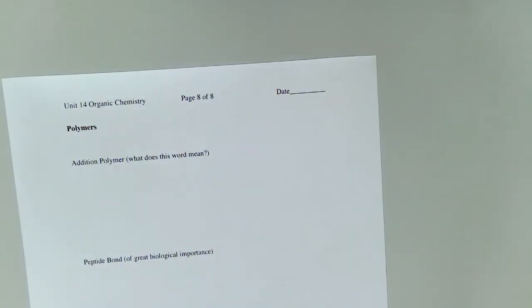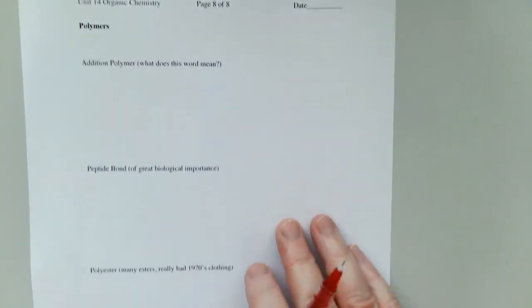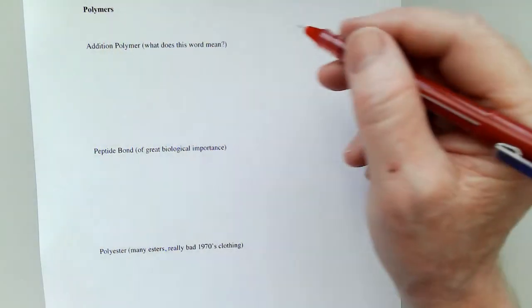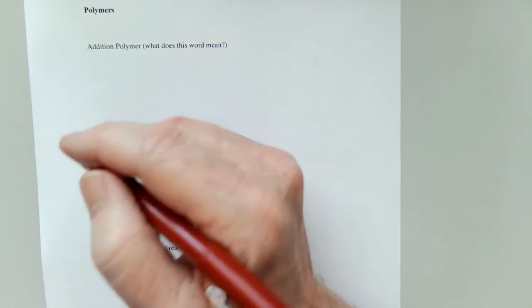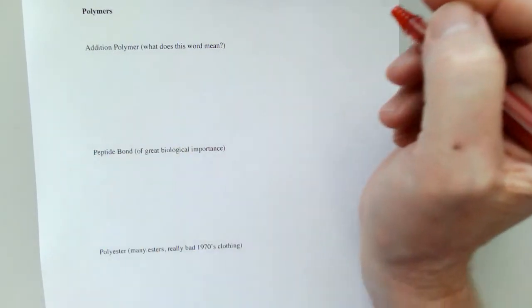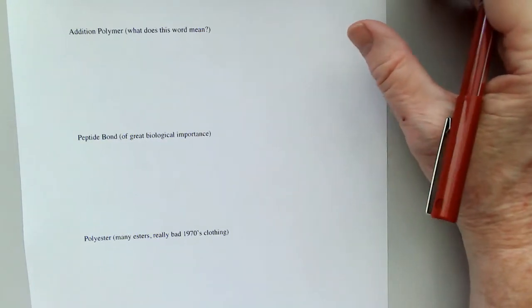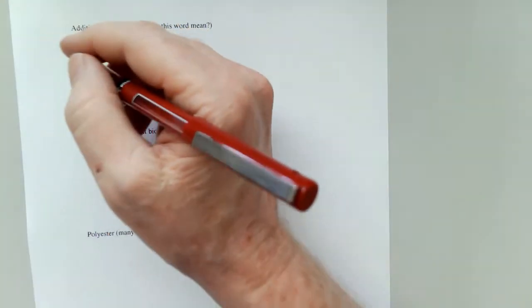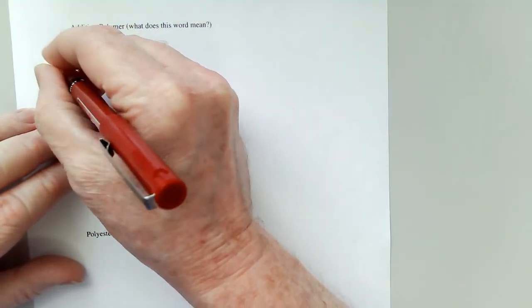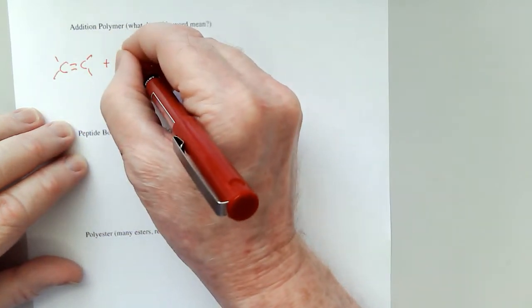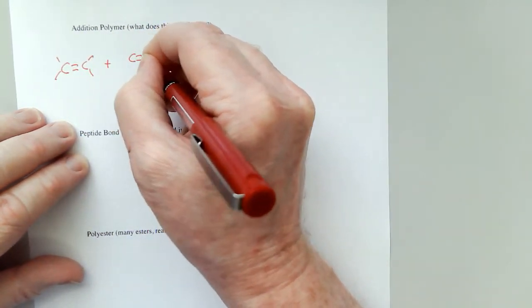Next page, all about polymers. Many molecules. Poly means many, mer means unit, or molecule. There are several different types of polymers. We'll start off with an addition where we add together two of the same units, like ethylene.